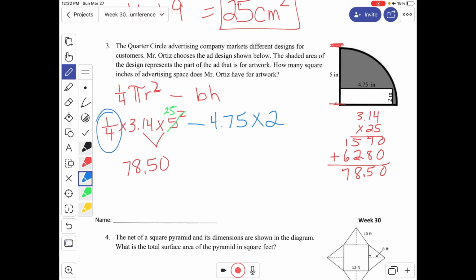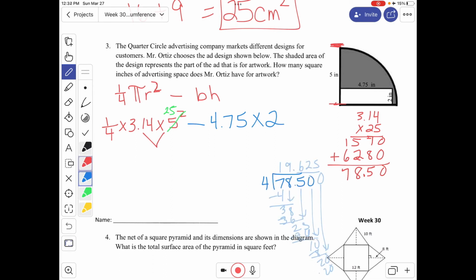I didn't divide by 4. So I need to divide that number by 4. So the area of the quarter circle is actually 19.625. Then I have to subtract the area of that rectangle.